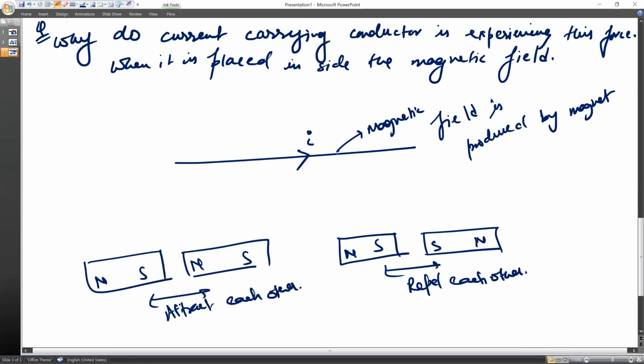So when a current carrying conductor is placed in a magnetic field, this conductor has its own magnetic field, and when we provide another external magnetic field, a force will be exerted. You understood? So this is the reason why a current carrying conductor placed inside a magnetic field experiences a force: because it is also a magnet, and when we provide another magnetic field towards it, they experience a force.